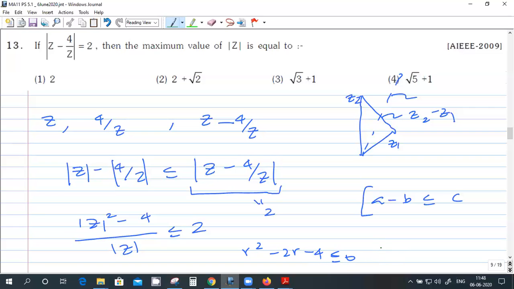What are the roots of this equation? b square minus 4ac.